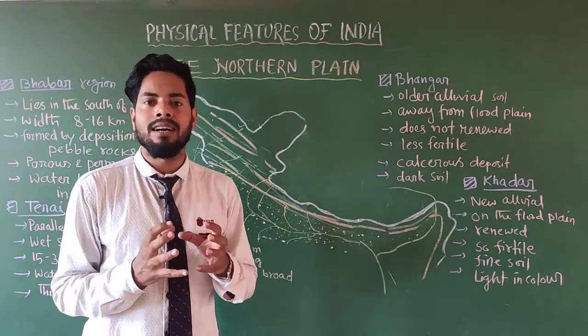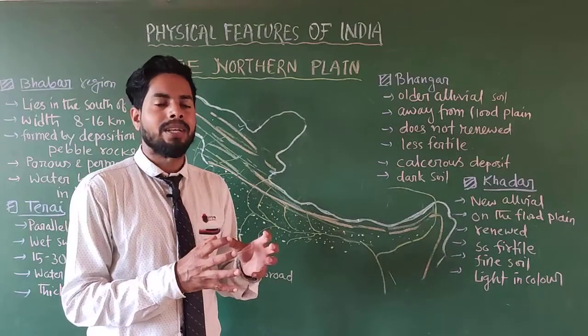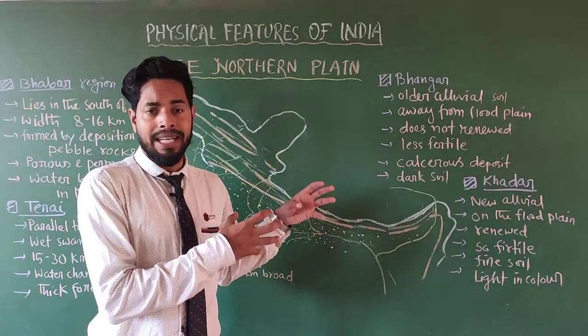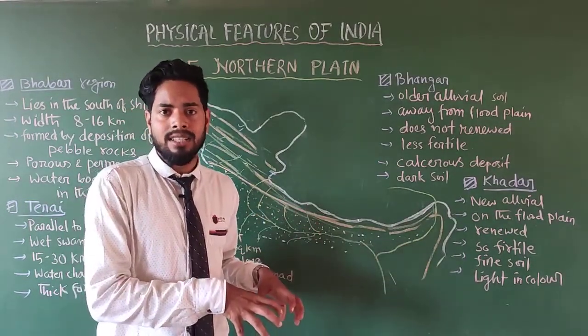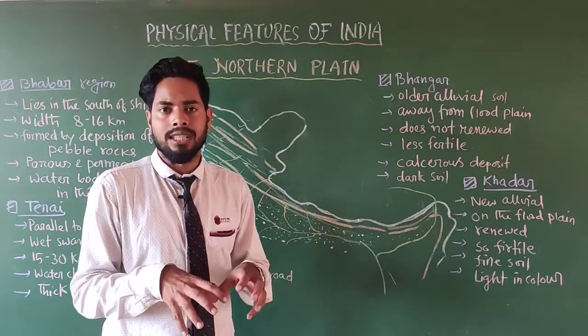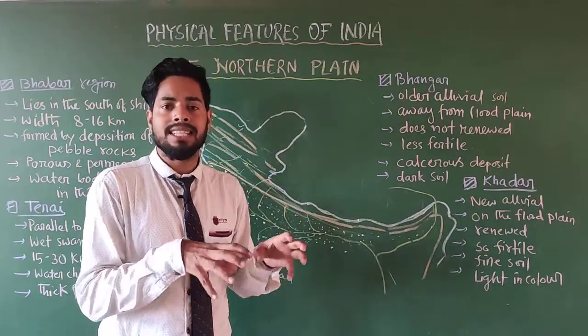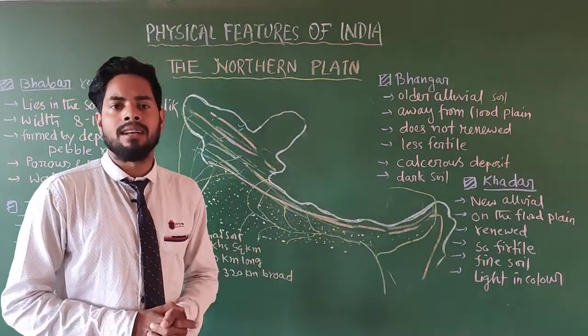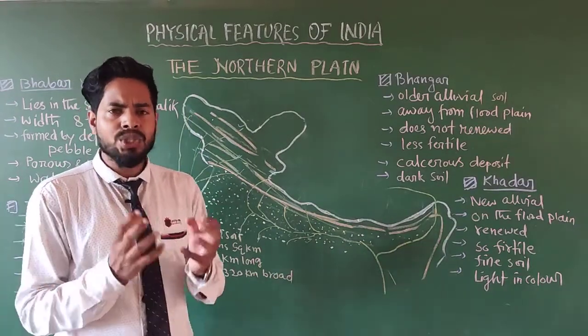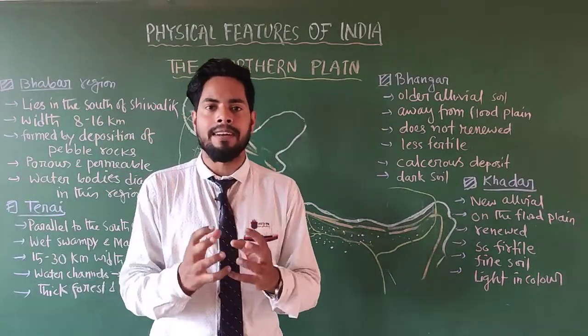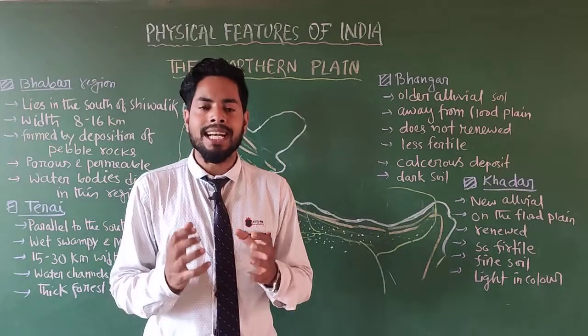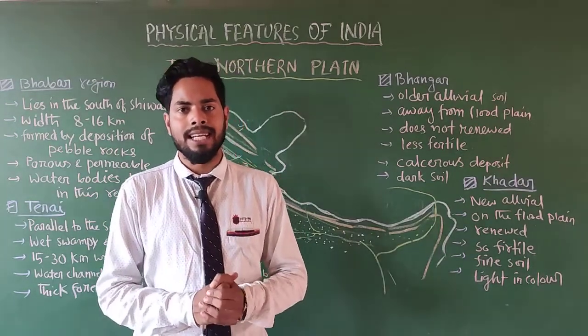Here we find alluvial soil, because these rivers bring the sediment and deposit it in that region and form the northern plain. So the northern plain is made of alluvial soil, and this soil is very fertile, suitable for agriculture.